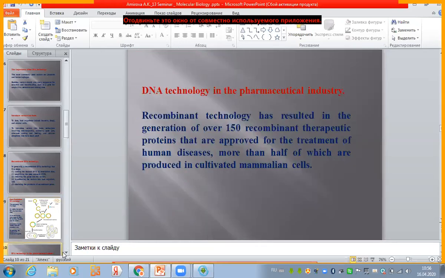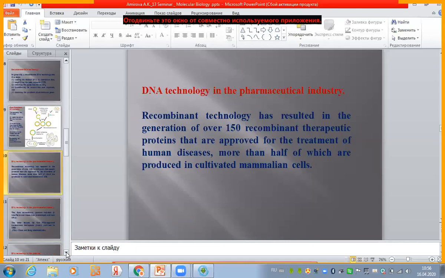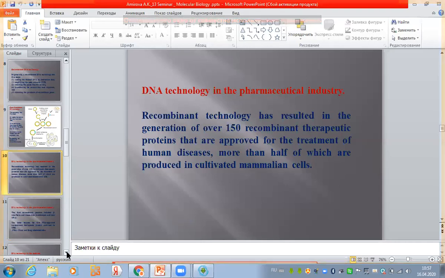DNA technology in the pharmaceutical industry. Recombinant DNA technology has resulted in the generation of over 150 recombinant therapeutic proteins that are approved for the treatment of human diseases, more than half of which are produced in cultivated mammalian cells.